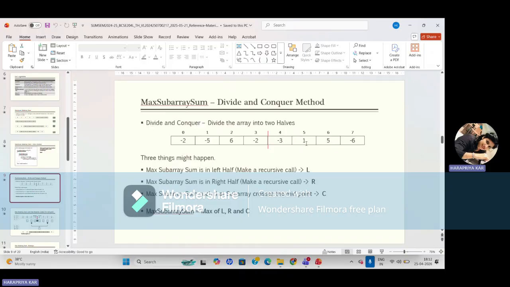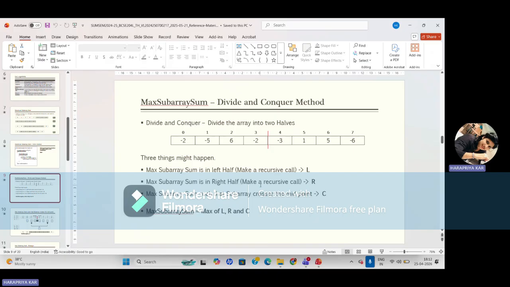First, the maximum sub-array sum is in the left half, so make a recursive call. Second, the maximum sub-array sum is in the right half, so make a recursive call. Third, the maximum sub-array sum is such that the sub-array crosses the midpoint.